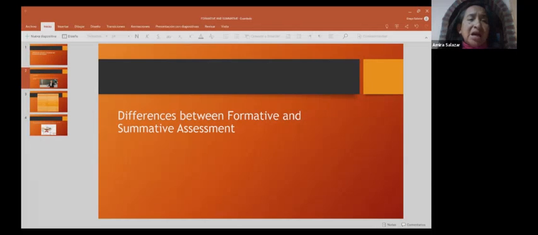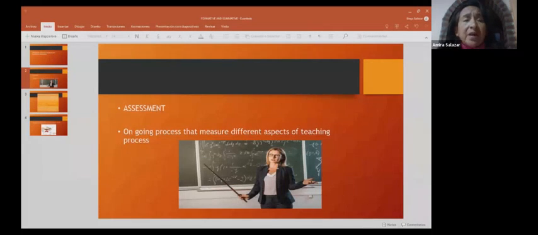Assessment is an ongoing process that measures different aspects of the teaching process. This is important because assessment helps to determine many features.